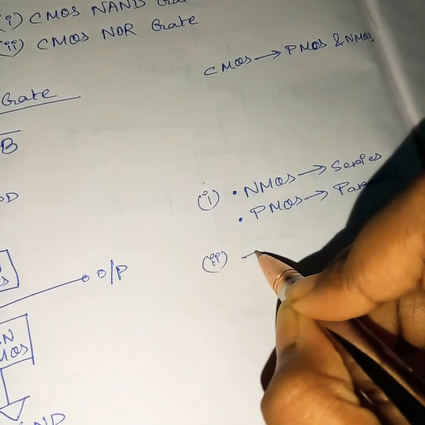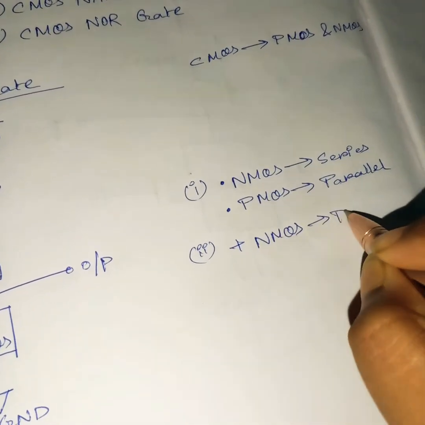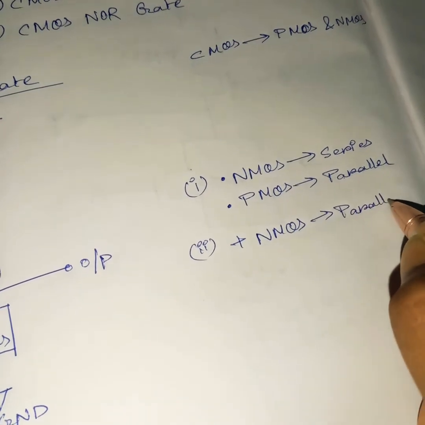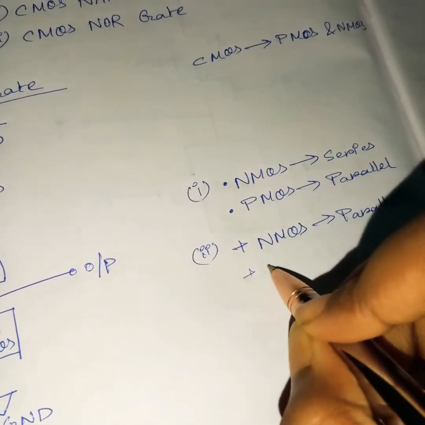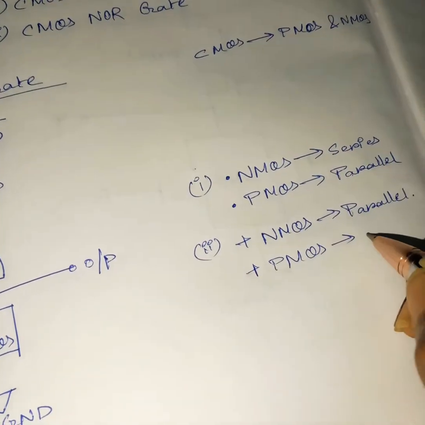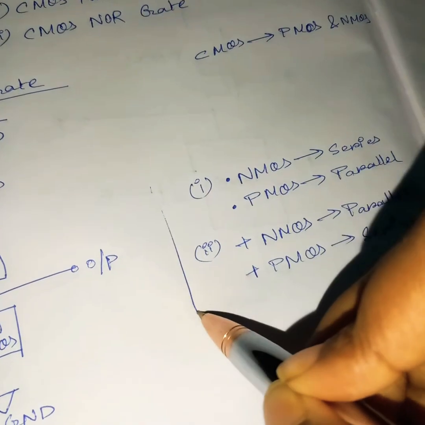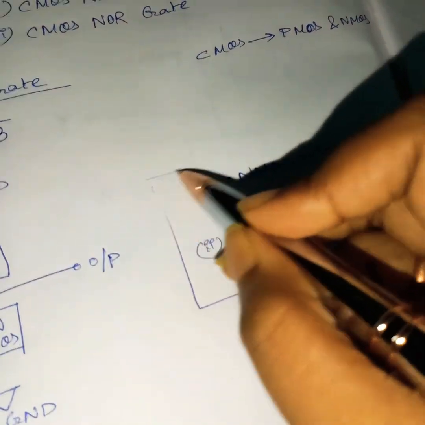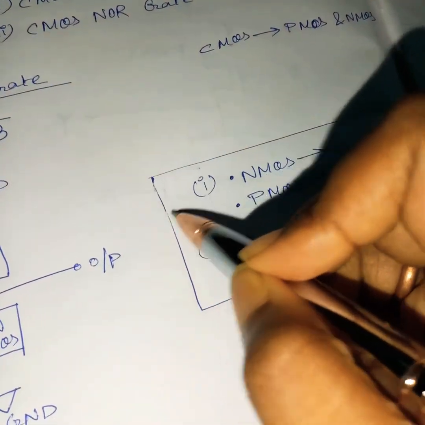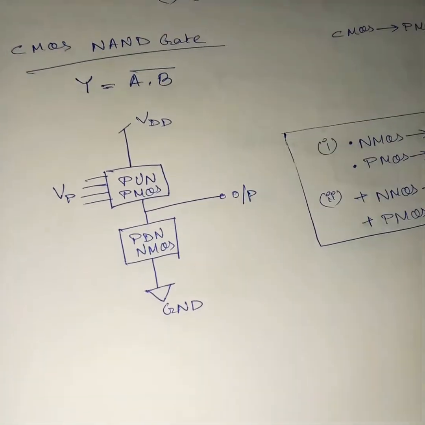Just the opposite, for plus operation, NMOS should always be connected in parallel, and PMOS should always be connected in series. So these two things are the most important. With this reference only we can easily design CMOS NAND gate.